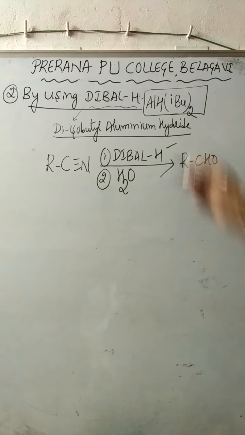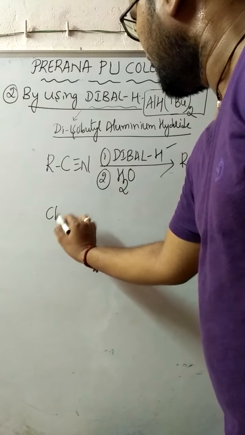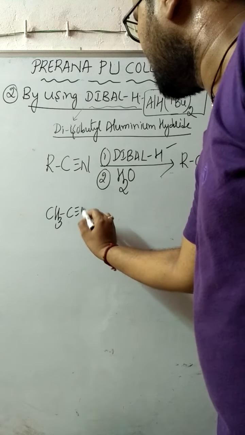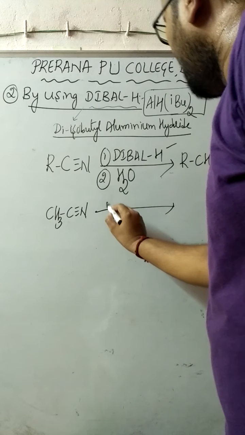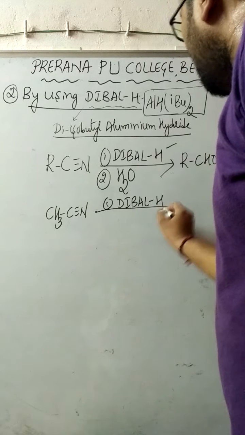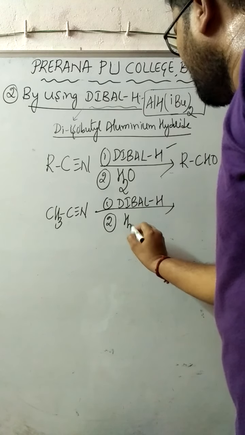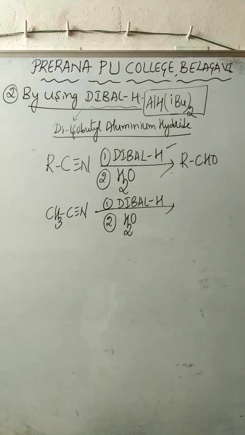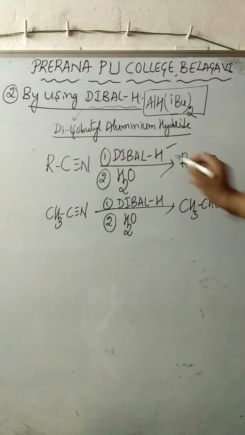In the same way, when I write a particular reaction, again I will consider an example of ethane nitrile. When this ethane nitrile is made to react with DIBAL-H, which upon hydrolysis will again give rise to what? Acetaldehyde. So this DIBAL-H has one important feature.